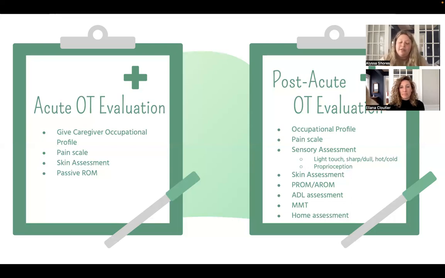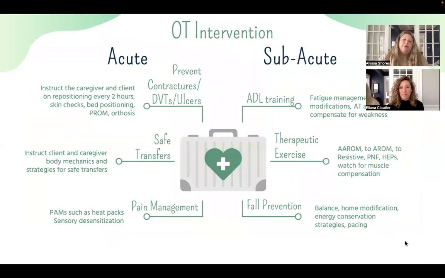And then also a home assessment to see if it's conducive to their environment, their new life and fighting these symptoms. And then also an ADL assessment to see how well they're able to take care of themselves and do the things they need and want to do. So again, in the intervention, we kind of broke it up into both of these, acute and subacute.